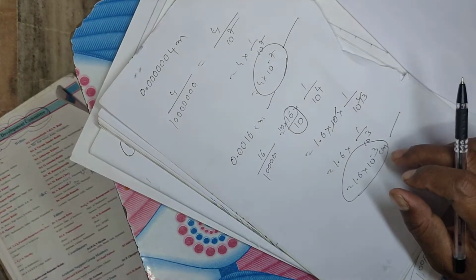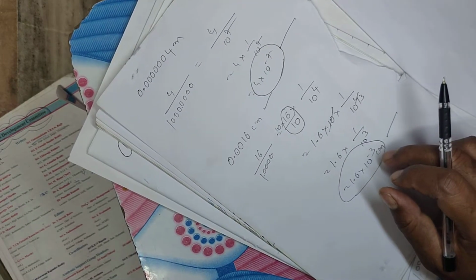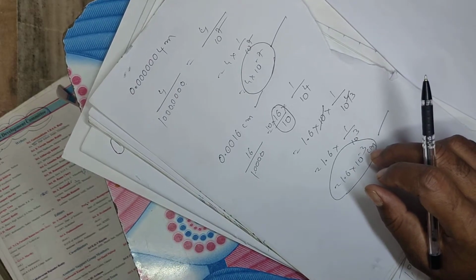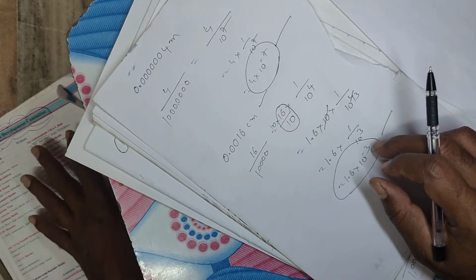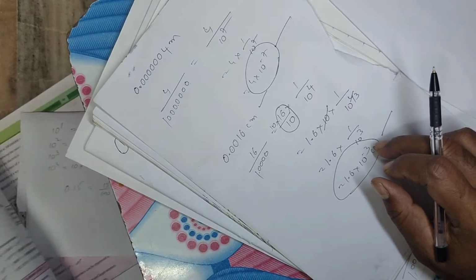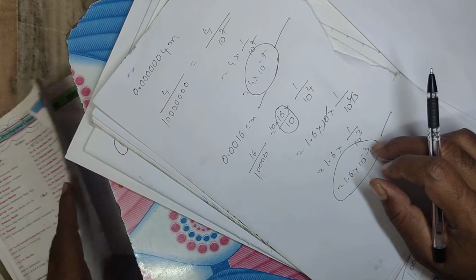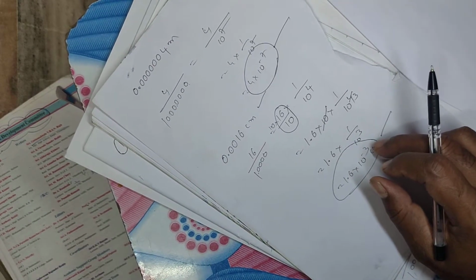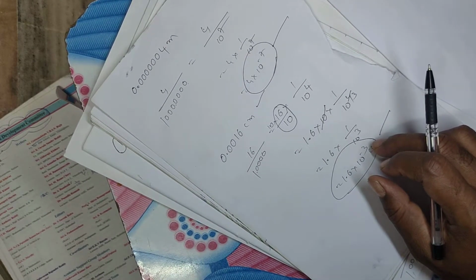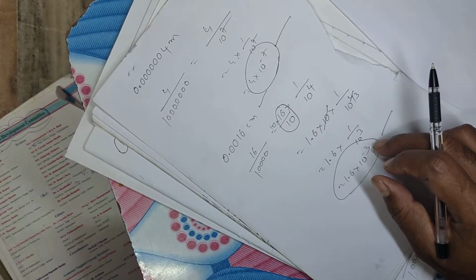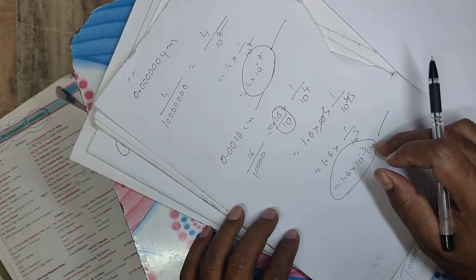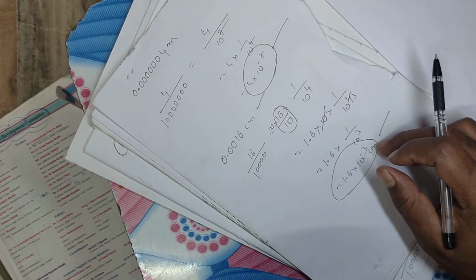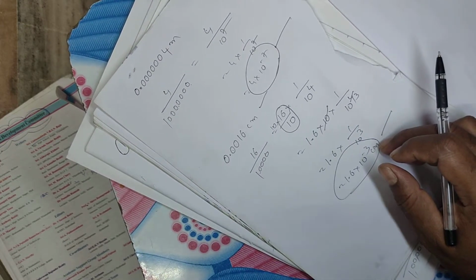One more question, I will read it. In a pack there are 5 books, each of thickness 20 mm and 5 paper sheets, each of thickness 0.016 mm. What is the total thickness of the pack?